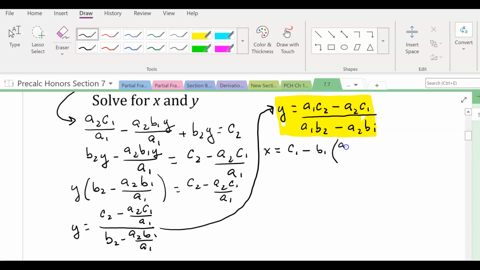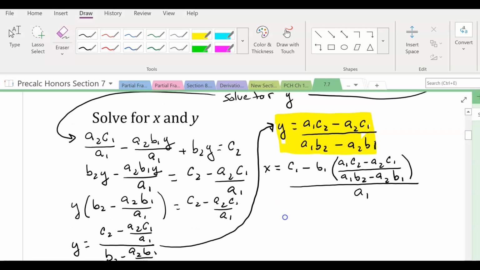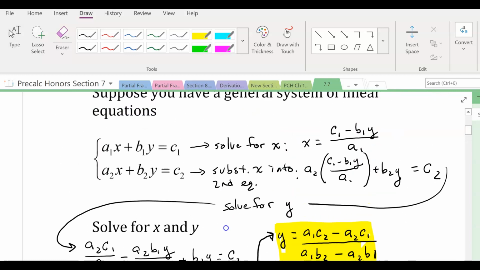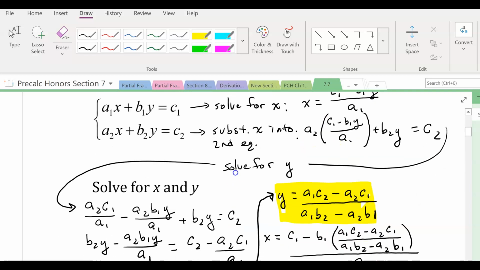So that's a1c2 minus a2c1 all over a1 times b2 minus a2 times b1, and that's all over a sub 1. So again, all I did was substitute in what I found for y up into this expression for x that we found in the very first step.